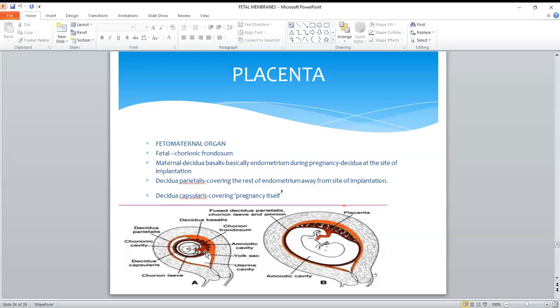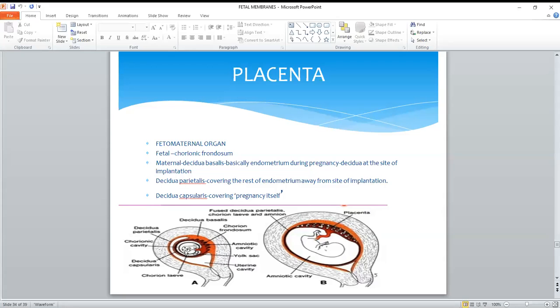Then the chorion frondosum forms the fetal bit of the placenta. Then we have the decidua parietalis, this one around here. Then the decidua capsularis covers the pregnancy itself.